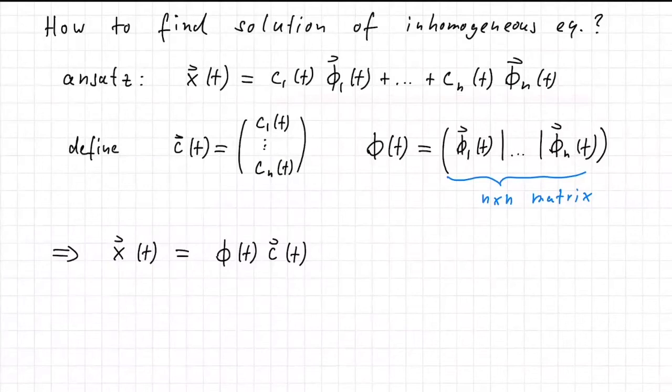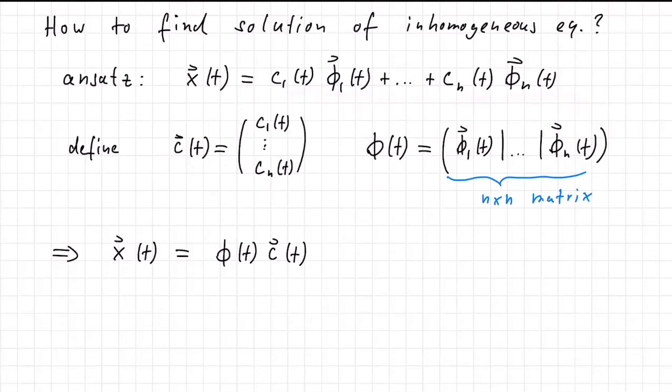If you look at this briefly, you would say, hold on, isn't that the solution of the homogeneous system? But it isn't, because for the homogeneous system, the c's are just constants, so the only time dependence is in the basis vectors phi n of t. So here we make a more general ansatz. It could reduce to the solution of the homogeneous system, but it can also be more general.